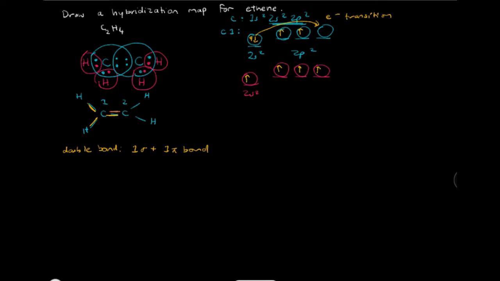But the other issue with this is that you also need a pi bond. There's going to be the existence of a pi bond. Now what is a pi bond? Well, a pi bond is basically a bond that involves an unhybridized p orbital.